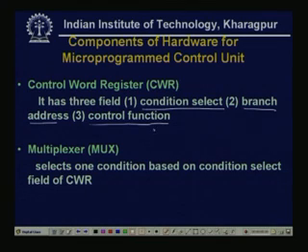So, if the condition is satisfied, then this register will be loaded with the content of the branch address. Otherwise, the MPC is incremented just like the PC to point to the next micro instruction to be executed.